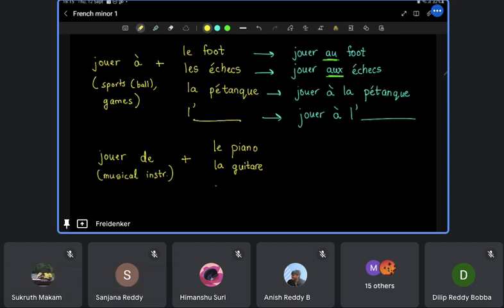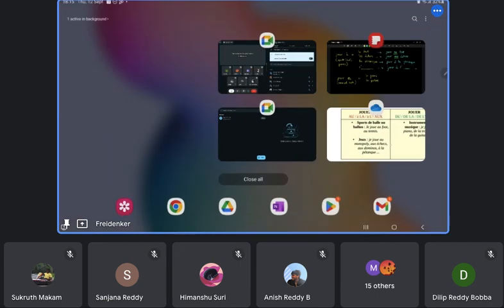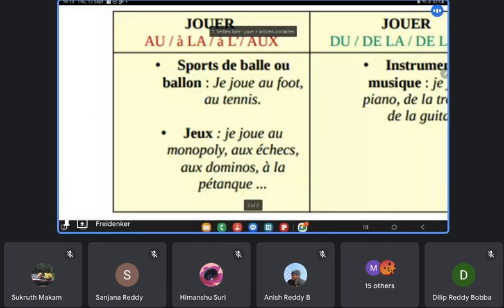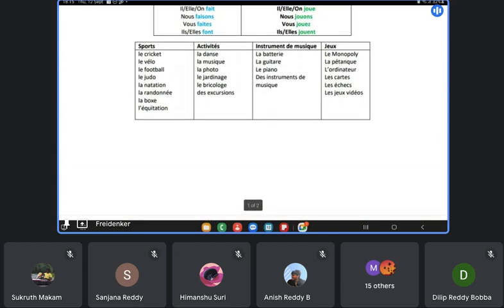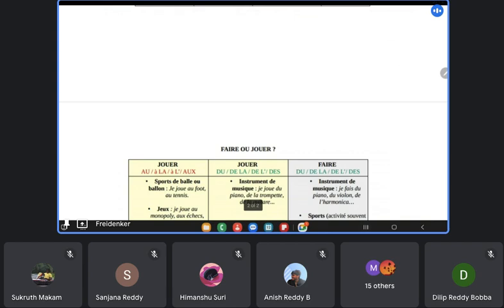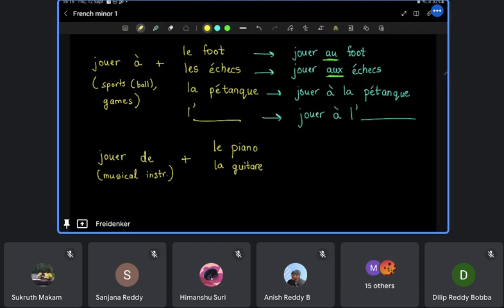Is there an instrument beginning with a vowel? I don't see any instrument beginning with a vowel, but let's assume there is something. Let's say you have les something and l' something. We don't know what it is.